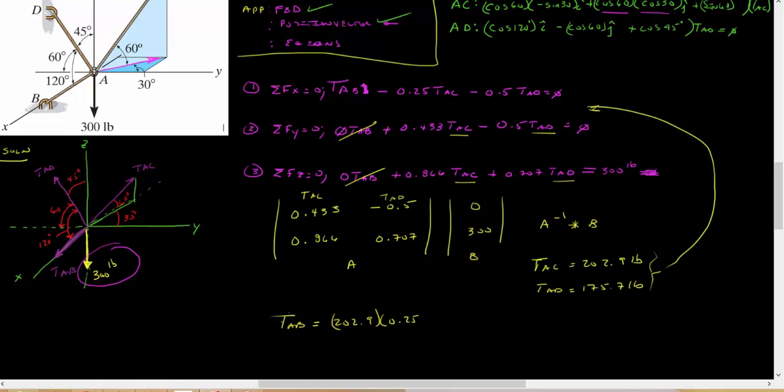Now, why did I make this positive? Well, because I already took these to the other side. So I went ahead and cheated a little bit: 0.25, take it to the other side, 0.5, take it to the other side. So now it's positive. Plus, since both of these were negative, both of these would be positive down here. 0.5 times 175.7. So TAB would then equal 139 pounds.